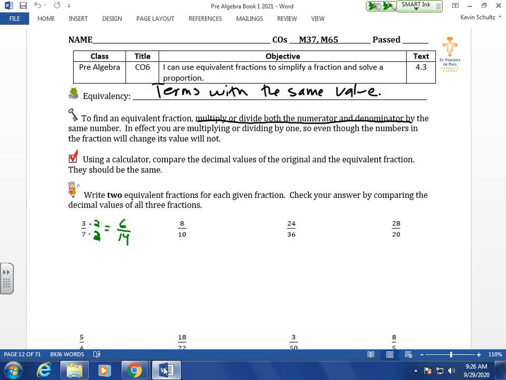Because if 3/7 and 6/14 are equivalent, usually when you multiply something by 2, your number gets larger, right? Those aren't equivalent values.